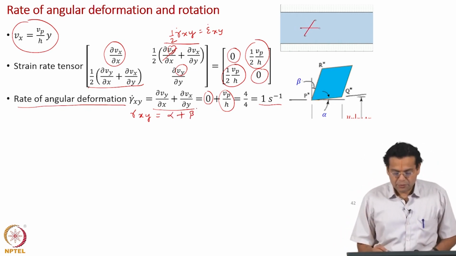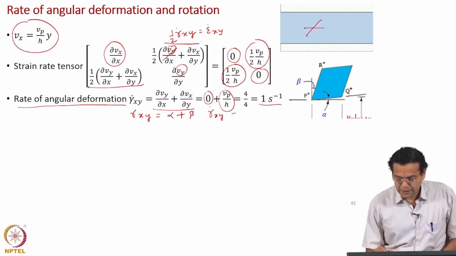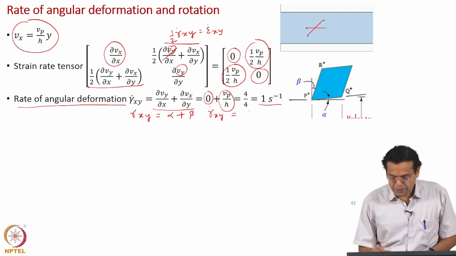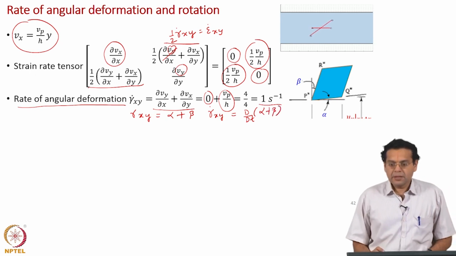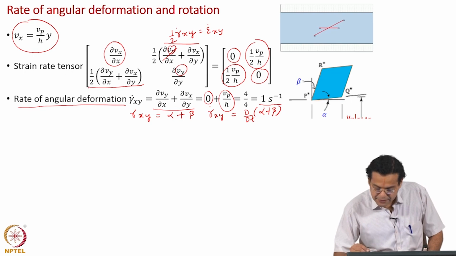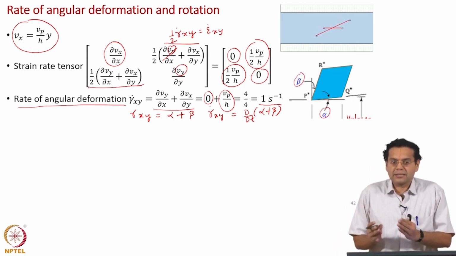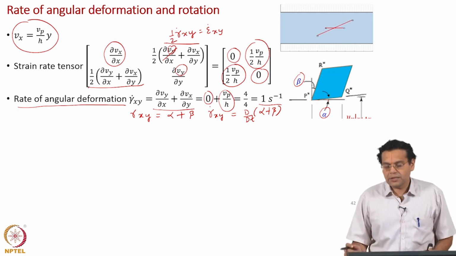Now, gamma dot xy, remember it is just taking time derivative. So, if you want to write formally, it is d by dt of alpha plus beta. So, this tells you that 1 per second, that rate of angular deformation tells you the rate at which these two angles alpha plus beta together are changing. That is the significance of 1 second inverse.